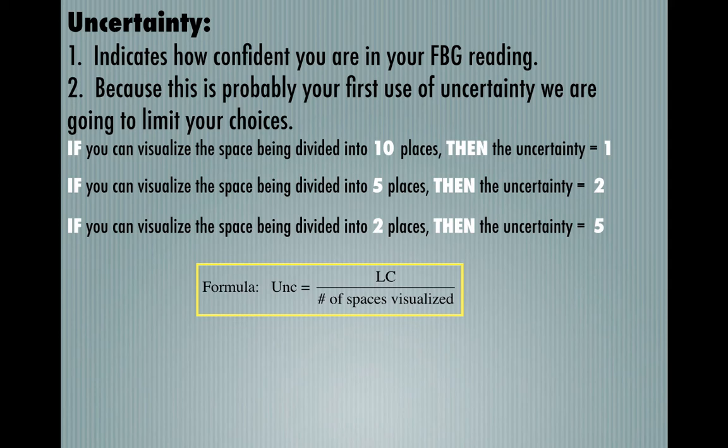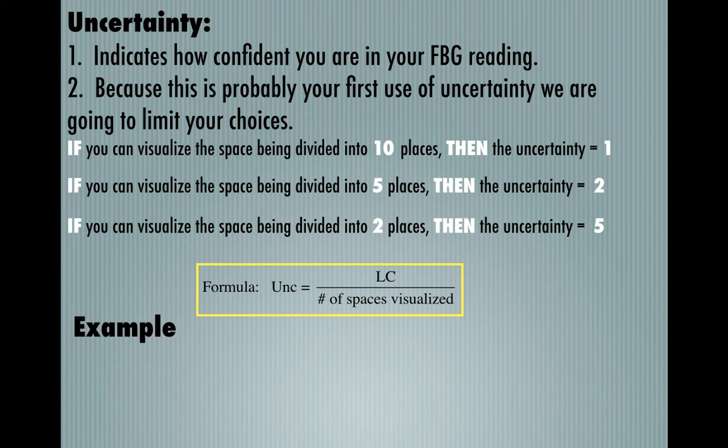And if you do that out, assuming you stick with the spaces visualized as being 10, 5, or 2, you're always going to get a 1, 2, or a 5. Anyway, we'll practice, so don't worry.